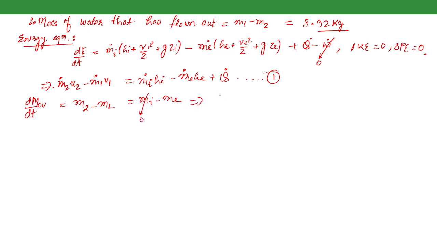This implies the mass exiting is equal to M1 minus M2. Initial mass is more and the mass is being lost, so the mass of the control volume decreases. This is equal to M2 minus M1.